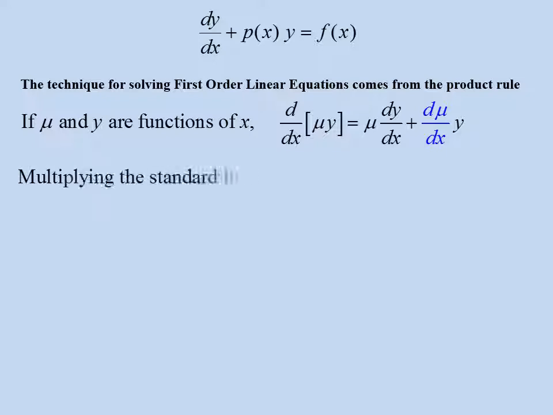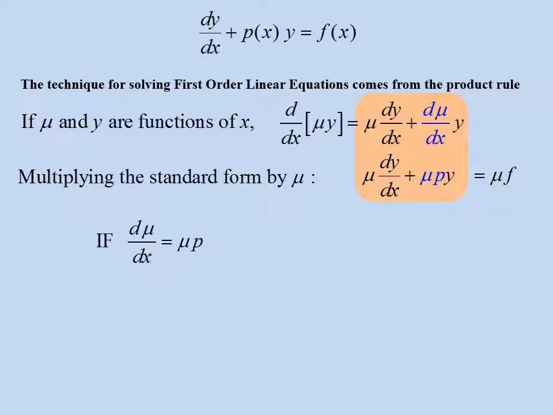Now, if we take the standard form and multiply through by the quantity mu, you notice that these look an awful lot alike. In fact, they would be the same if the derivative of mu with respect to x was the same as mu times p.